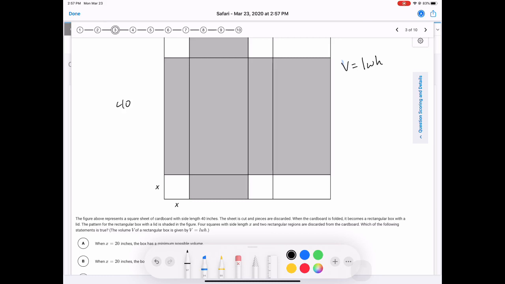Let's call this the length. This is the width, and this is the height of our box, right? Because if I fold this up, the box will look kind of like that.